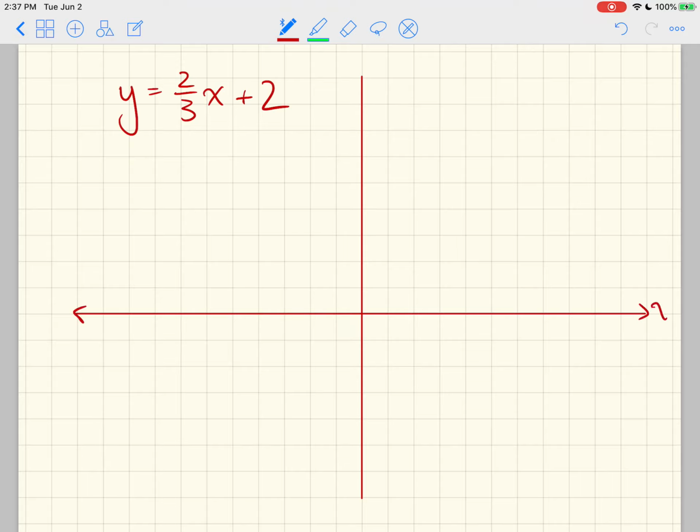So just like we talked about last time, we want to make sure that we're labeling our x and y axis, and we need a scale. So I'm just going to go up by ones here in the y direction and in the x direction. Best practice would be to fill in the rest of these as well, and in the negative direction as well.